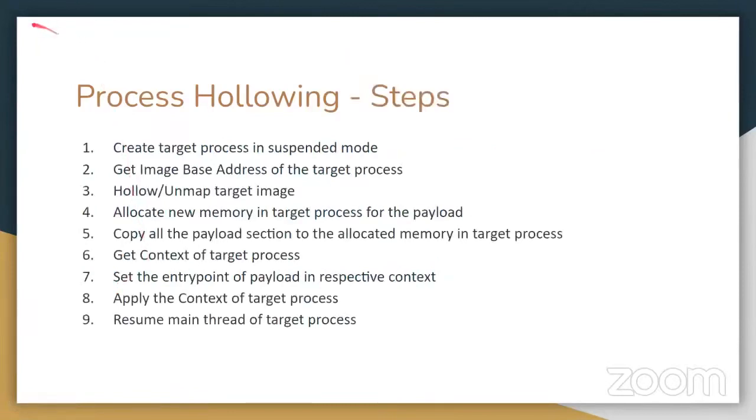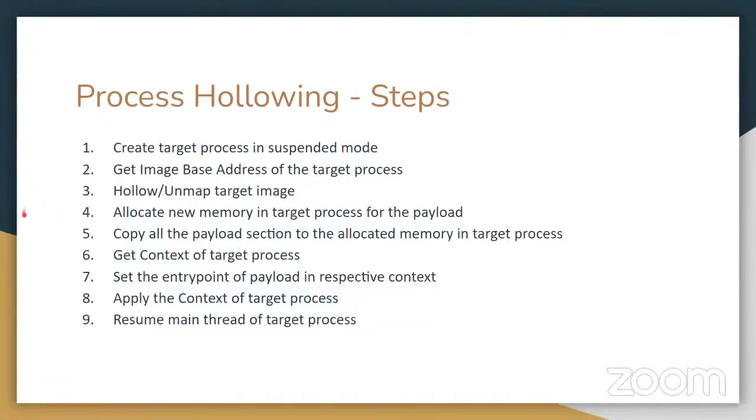So these are the steps for process hollowing. The important step is to create the process in suspended mode. After that, we need to find the image base address of the target process, because we have to hollow out that target image.